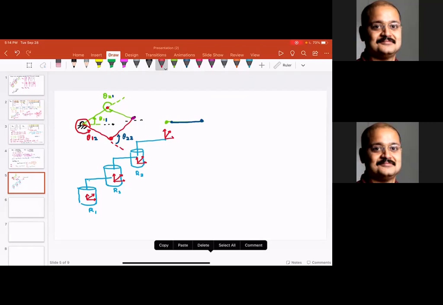So this is your 0th frame. This is your first frame, second frame. This is the end effector frame 3. And you will find 0H3.